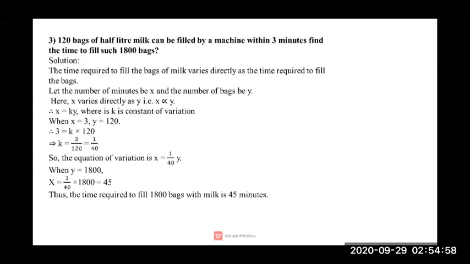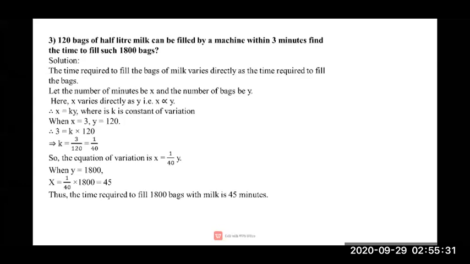So we write the variation: x varies directly as y, that is x varies as y. The formula of direct variation is x equal to ky, where k is the constant of variation.